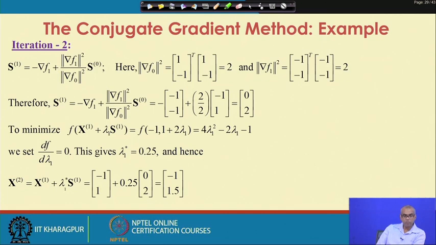In iteration 2, we first find the search direction S 1, which is obtained as a linear combination of the gradient at x 1 and the search direction at x 0.